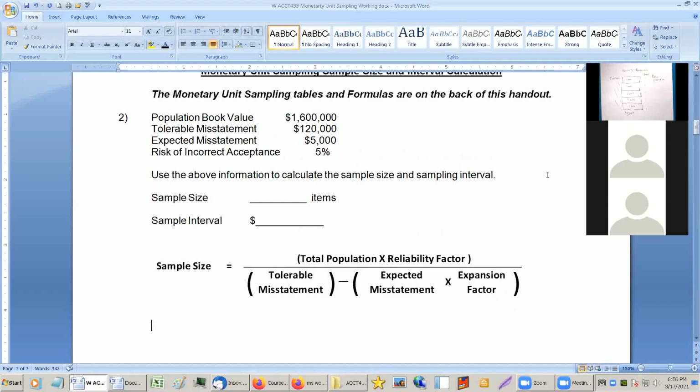Okay, so let's do this step by step. The total population, we're talking about the book value here. Yeah, 1.6 million. Times reliability factor. Now, the reliability factor is based on this.